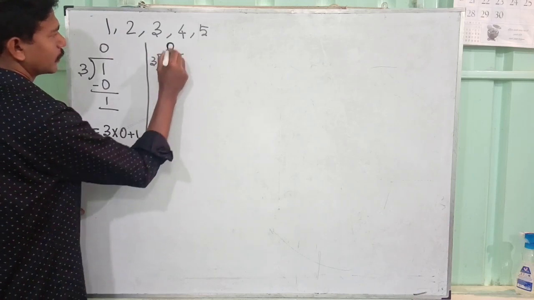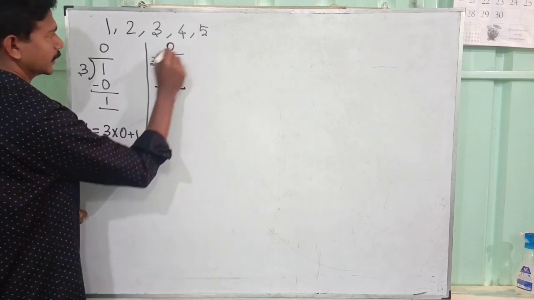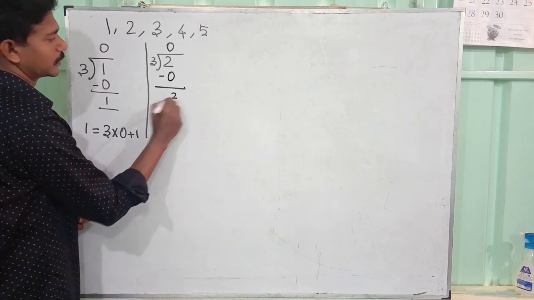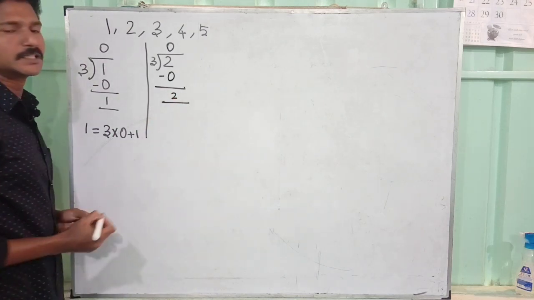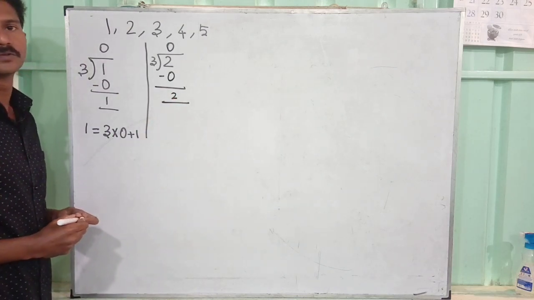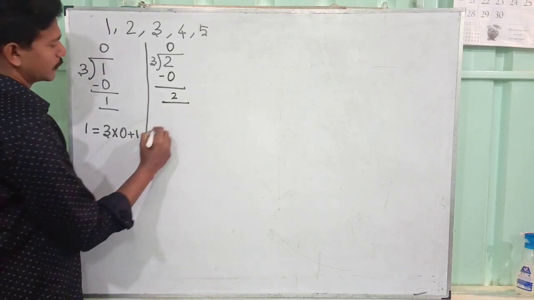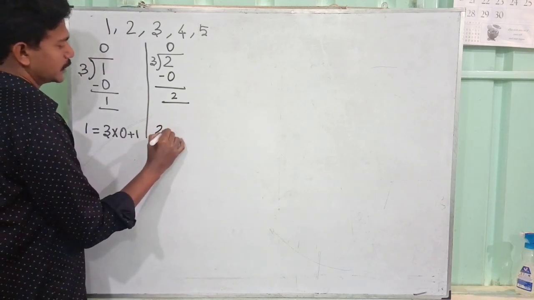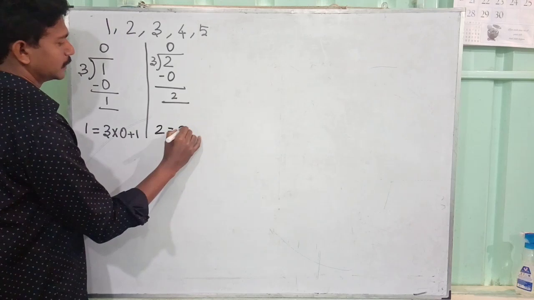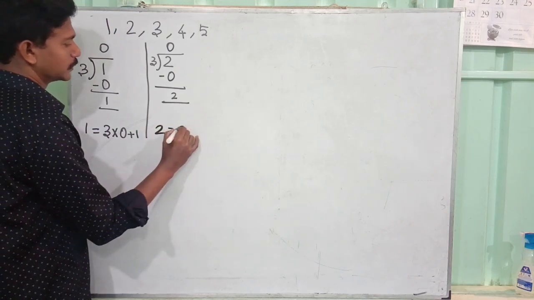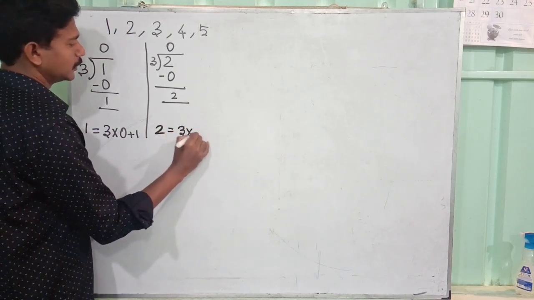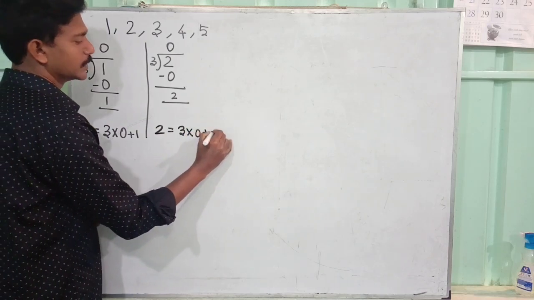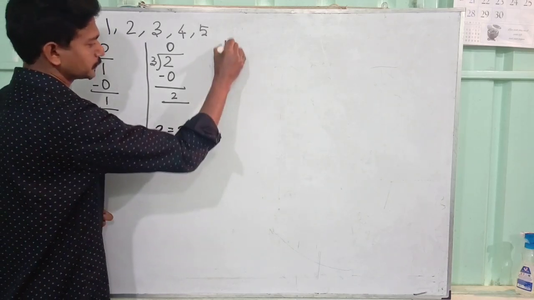We put 0 here, 3 into 0 is 0, and the remainder is 2. When we write this in the form of Euclid's division lemma, we can write the dividend 2 is equal to divisor 3 into quotient 0 plus remainder 2.